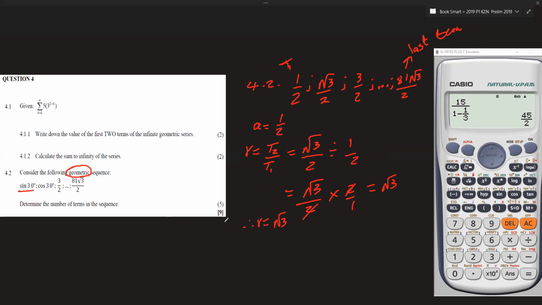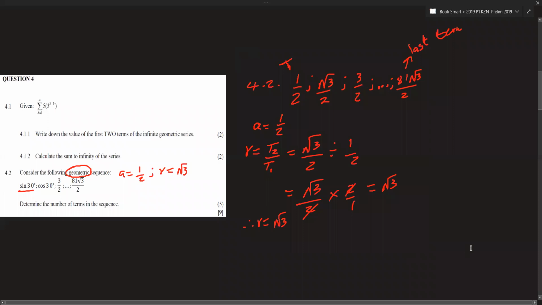So I have my A, I have my R. Now let me read the question. Let me write them here. My A is half, and my R is square root of 3. Then I'm going to erase here to create space.